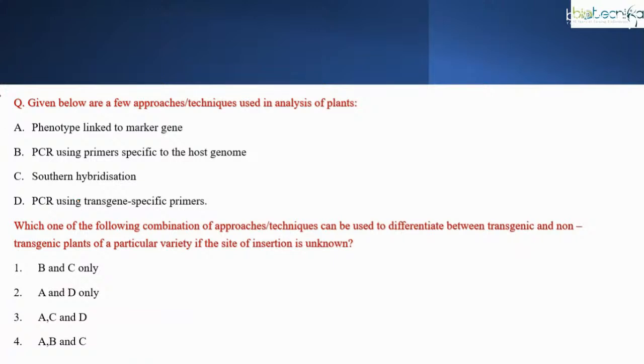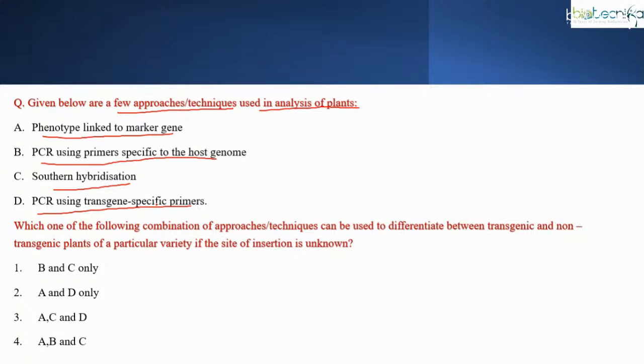Next, moving on to the next question here. Given below are a few approaches or techniques that are used in the analysis of plants: phenotype linked to marker gene, PCR using primer specific to the host genome, Southern hybridization, PCR using transgene specific primers.